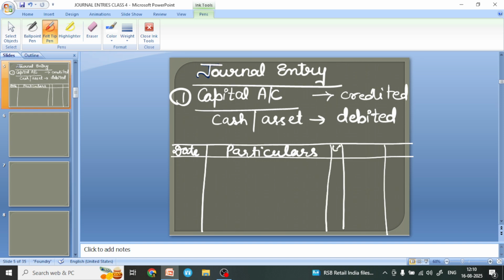This is your ledger folio. Debit, credit. An amount in rupees. Here you will write journal.